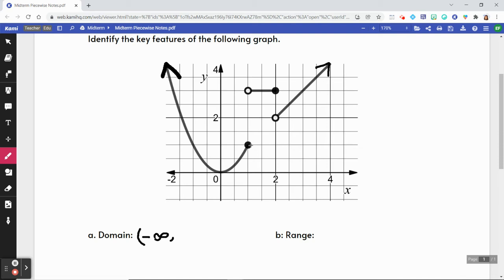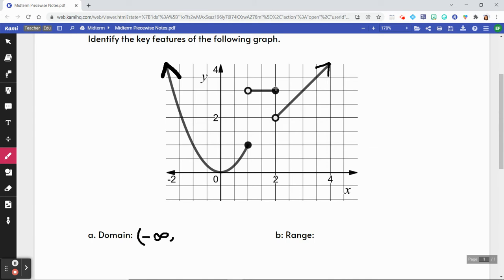This solid dot here means that this is an included value in the graph, as opposed to this open dot up here, which is a not included value. These do overlap each other, so this x value of 1 is definitely still a piece of our graph. We again continue over.